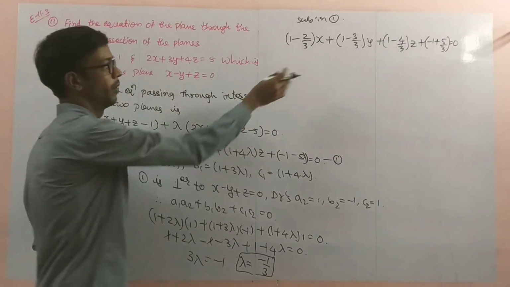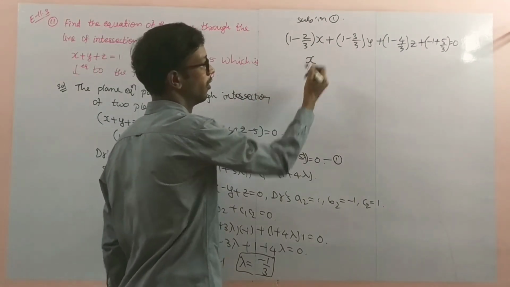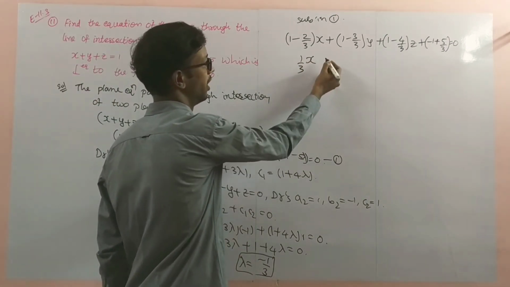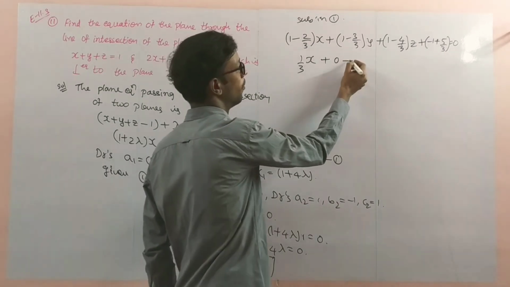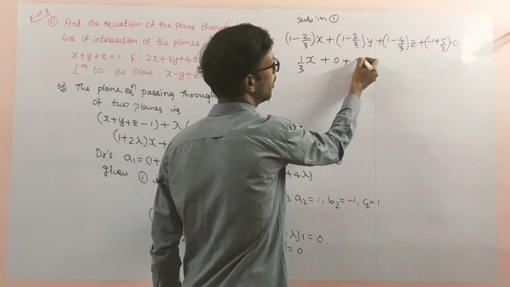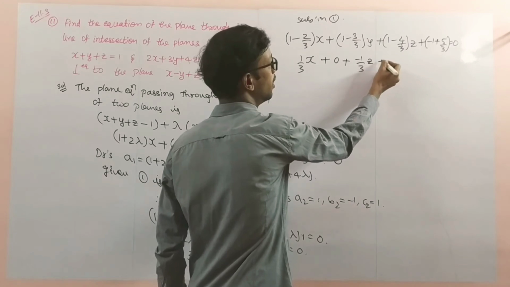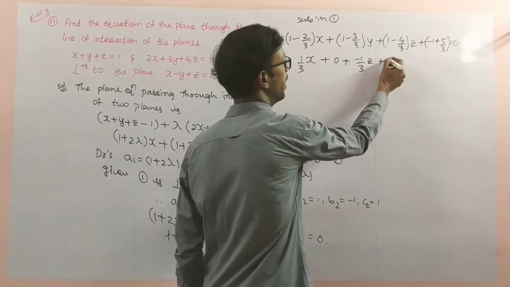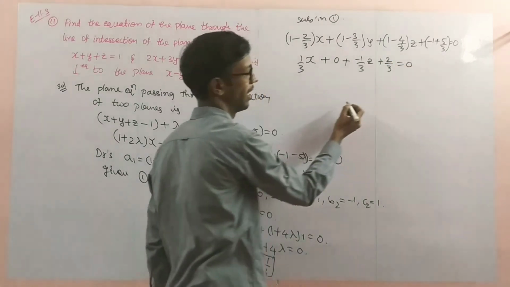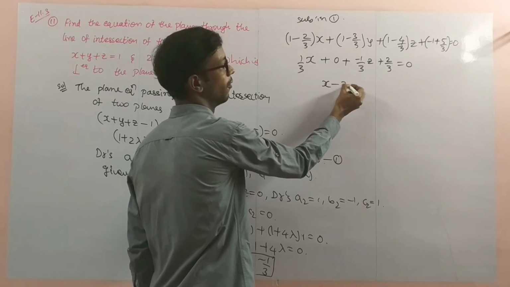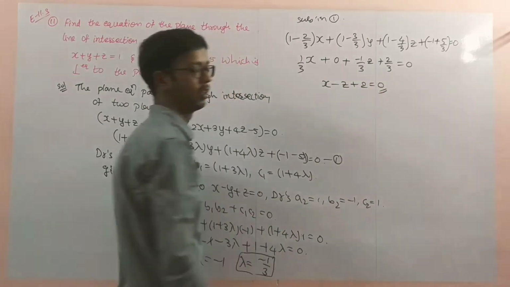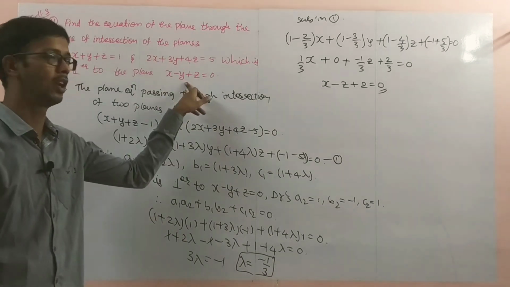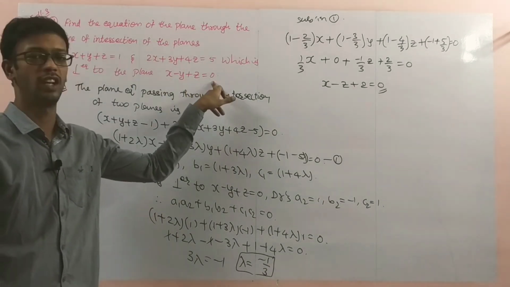So now, if we are making simplification, 3 minus 2 is 1 by 3, that is x by 3. 1 by 3 x, y coefficient is 0, minus 1 by 3 z, minus 3 plus 5 is 2 by 3 equals 0. If you are taking 3 LCM, x minus z plus 2 equal to 0. This is the required plane equation passing through intersection of two planes and perpendicular to x minus y plus z equal to 0.